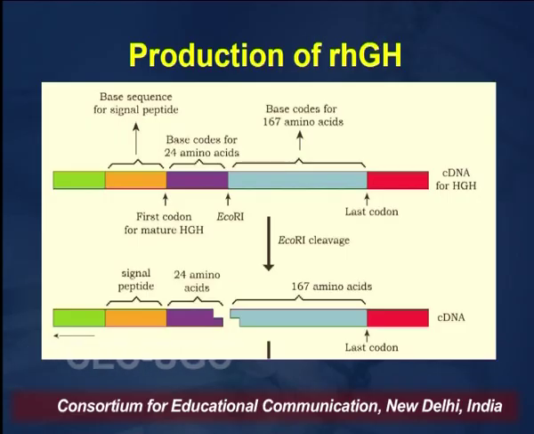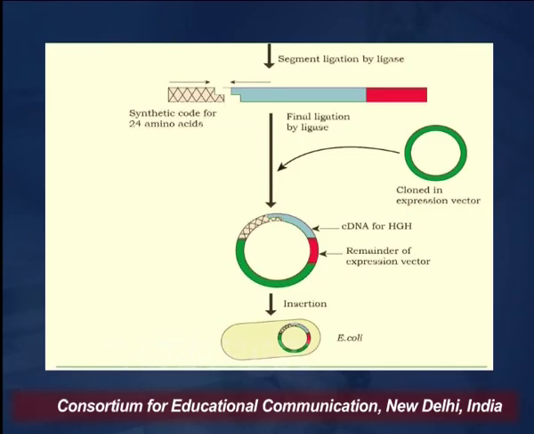They did this because when they were using this 24 amino acid part, the hormone was not able to be released from the E. coli. So, what they did was they removed this 24 amino acid part also by cutting it with EcoR1, and then they synthesized this artificially and put it together to make that 191 amino acid polypeptide part. So, that is basically how it is done.